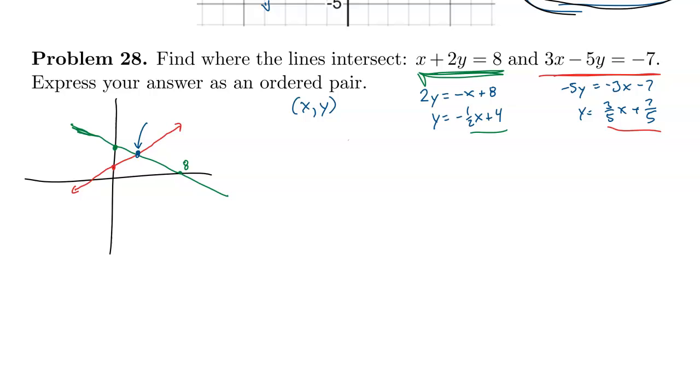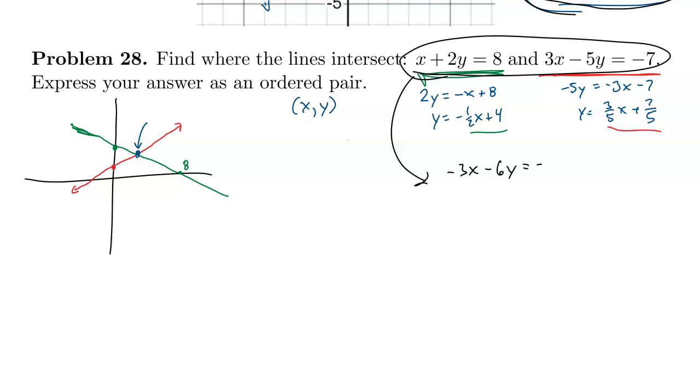Let me go back to the standard form equations, and I want to think of these as a system of equations. So I'm going to multiply the first equation by negative 3 to get negative 3x minus 6y equals negative 24. And then I can use the elimination method.